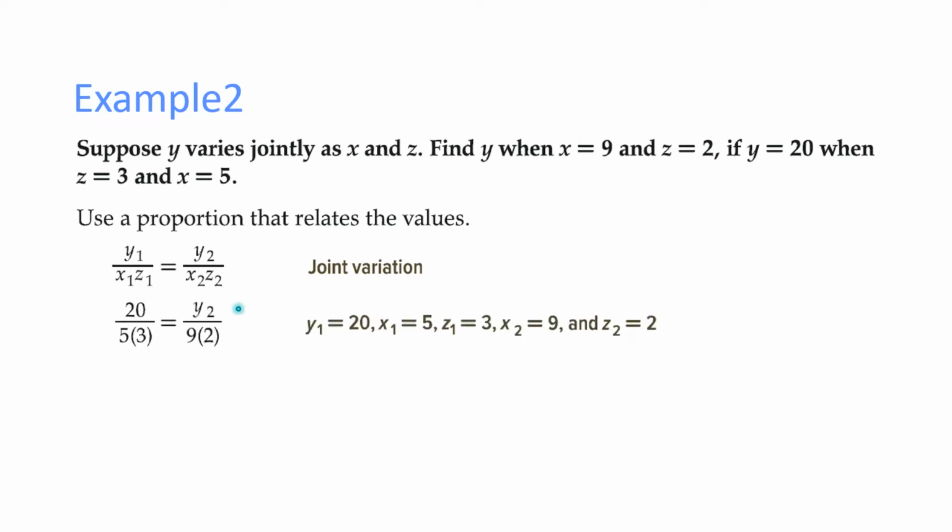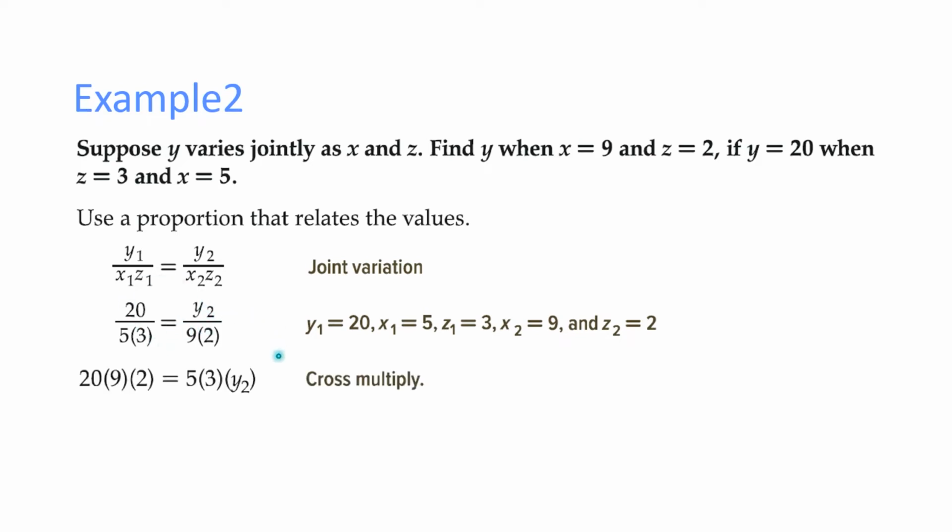We will substitute the values now. So y1 equals 20, x1 equals 5, and z1 equals 3, because we are told in the question y equals 20 when z equals 3 and x equals 5. Now values for x2 and z2 are going to be 9 and 2 respectively, because we have to find y when x is 9 and z is 2. So we have substituted those values here.